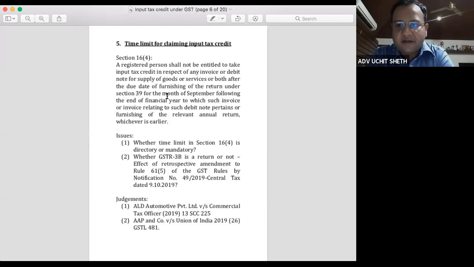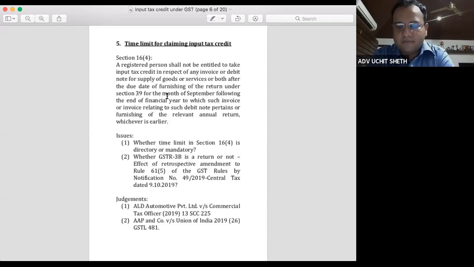It is not a return, and therefore kindly hold that we are entitled to input tax credit even beyond the date stipulated in section 16(4), or at least we should be able to claim the input tax credit till the filing of the annual return, because 16(4) gives two deadlines, whichever is earlier. One is the return for the month of September following the end of the financial year, and the second is the annual return. So the contention before the High Court was that there is no monthly return for the month of September. 3B is not a return, and therefore I should be allowed to claim input tax credit till the filing of the annual return.